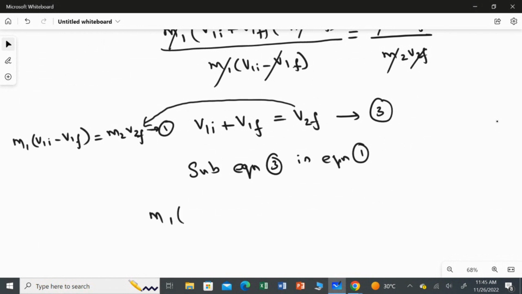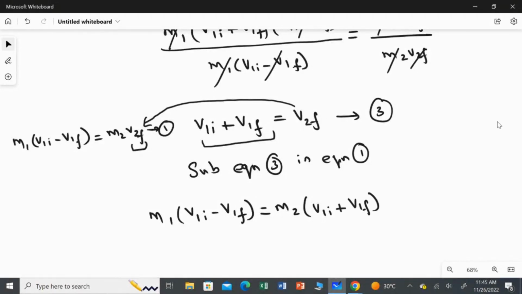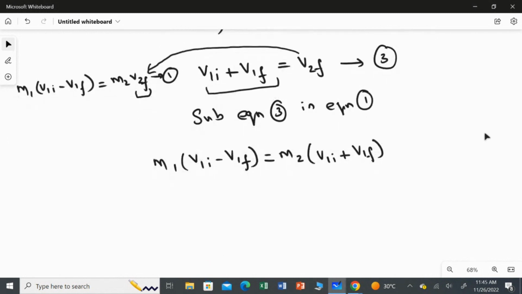M1 (V1 initial minus V1 final) is equal to M2 multiplied with, here we have V2F, am I right? In this place, I'm going to substitute this value. Our V2F is V1 initial plus V1 final, right? Now I'm going to multiply this M1 inside on the left hand side, and M2 into the bracket on the right hand side.